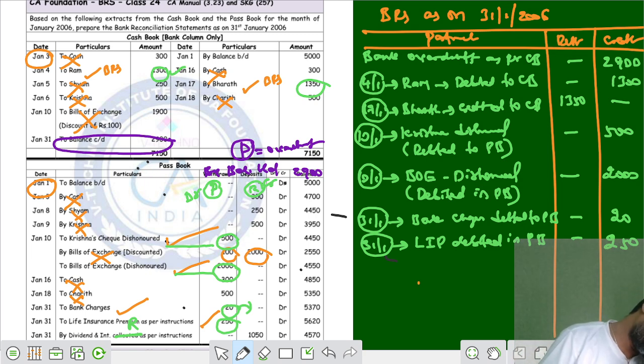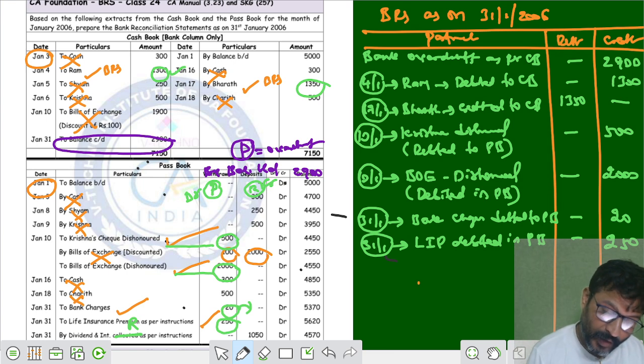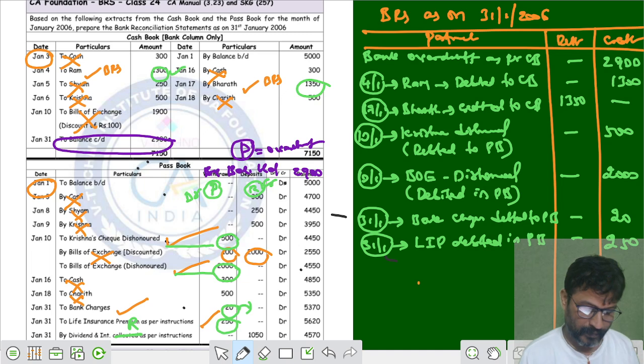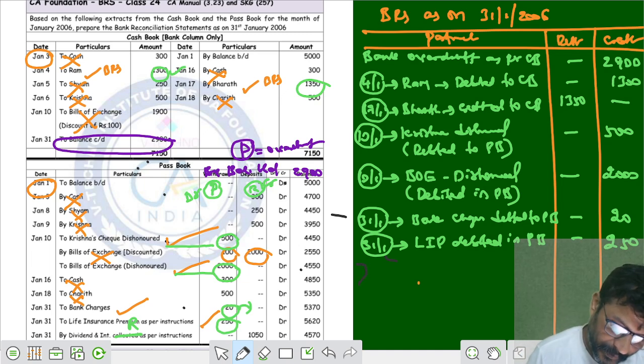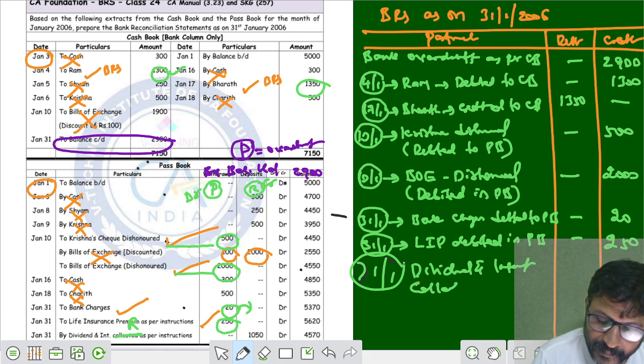On 31st January, dividend and interest collected, credited in the passbook.